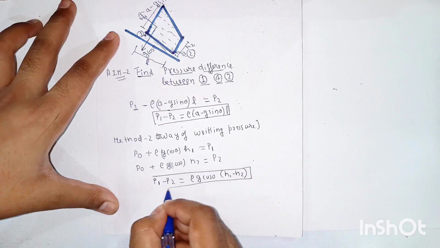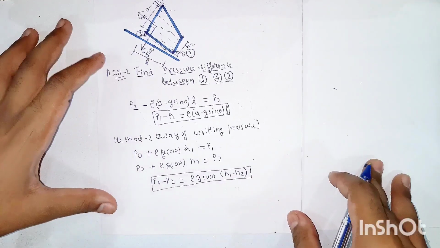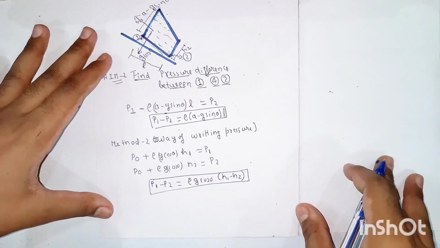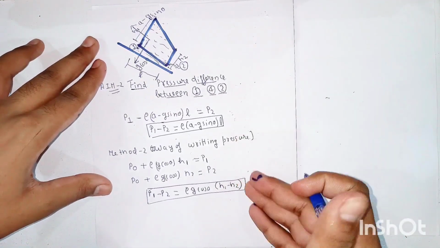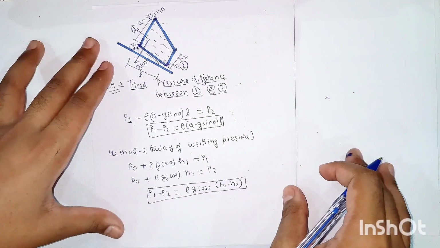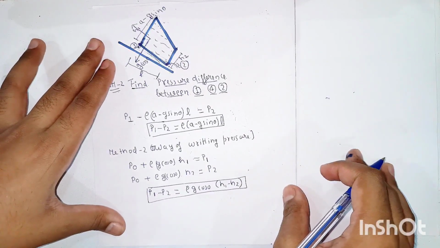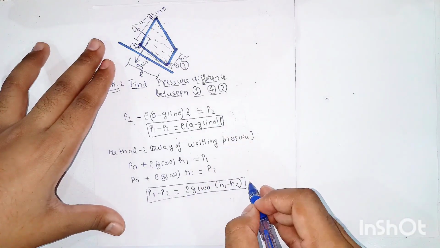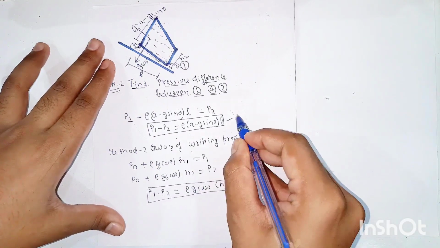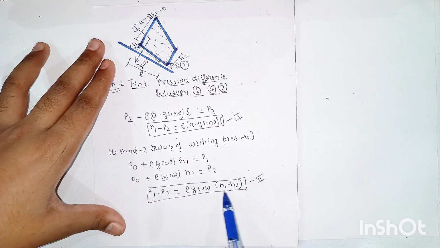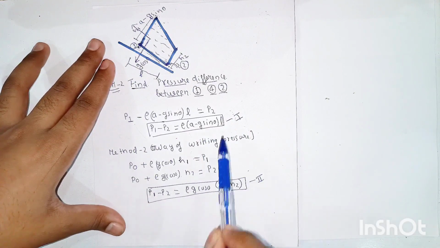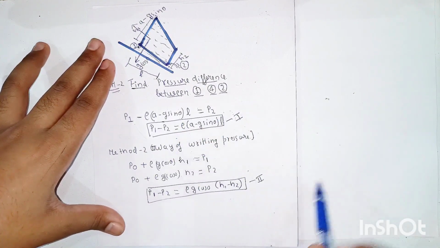Now I have told you these two ways by which you can find the pressure difference according to the condition. Now your job is to prove both of them as equal. This is the second and this is the first. You have to prove this second pressure difference as equal to this first pressure difference.